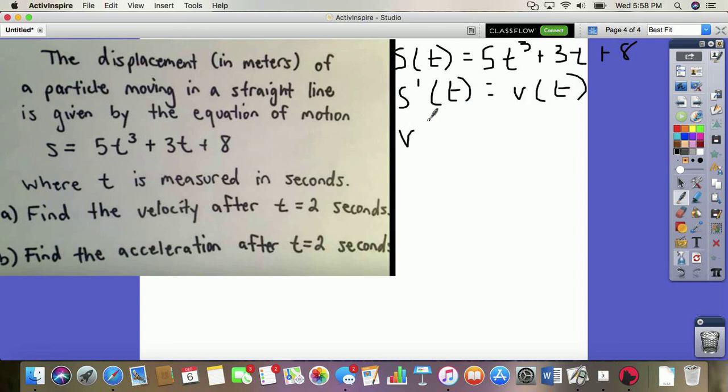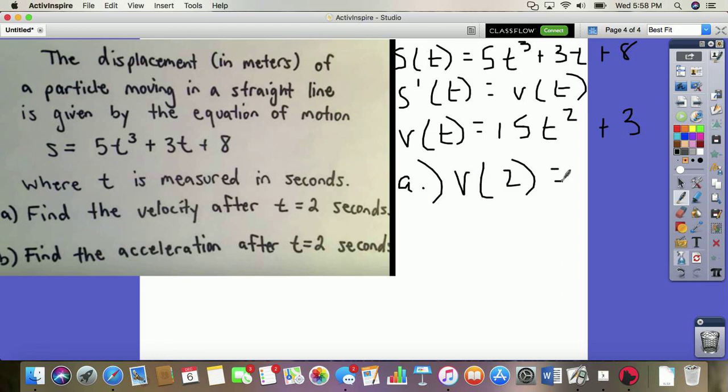So the velocity of t is going to be 15t squared plus 3. And now we go ahead and use part A to find out what v of 2 is. Well, v of 2 is 15 times 2 squared plus 3, which will equal 63.